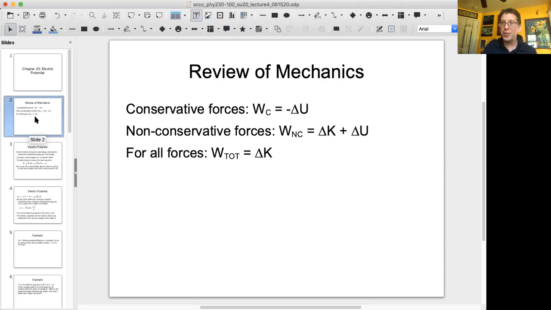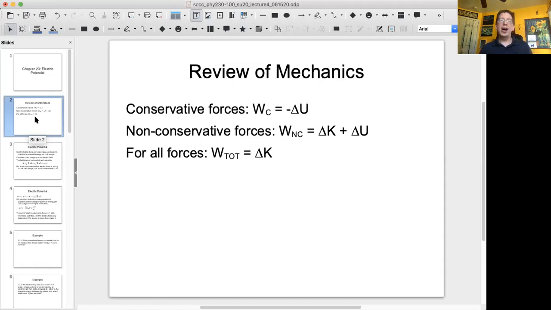For non-conservative forces, the work done is equal to the change in kinetic energy plus the change in potential energy. So if I lift this pen, I am doing work on it, not because I'm giving it velocity and changing its kinetic energy, but because I'm lifting it and giving it potential energy.